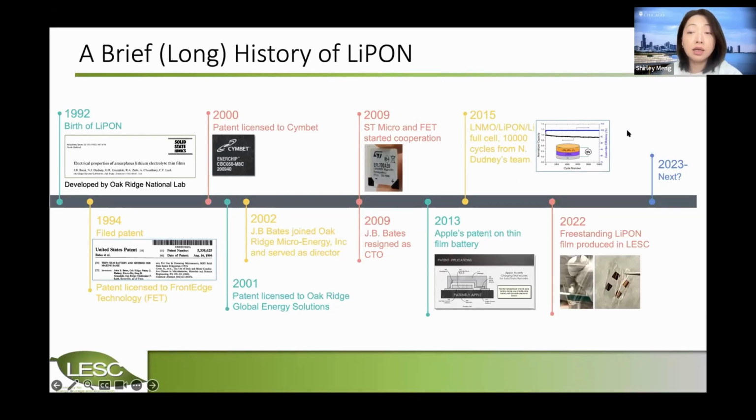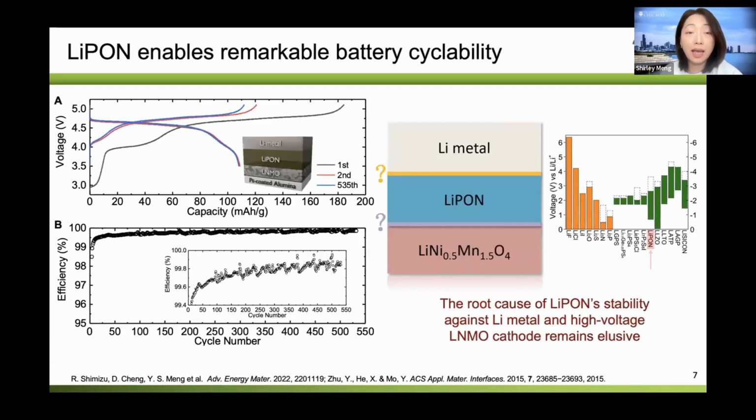But the performance, particularly the 2015 paper from Nancy's group on LNMO and LiPON, is quite fascinating. So my group in the last six to seven years has focused quite a lot on how we can produce LiPON with more scalable methods. Today I will show you how we can produce freestanding LiPON film, and hopefully that will eventually lead to wider adoption of LiPON.